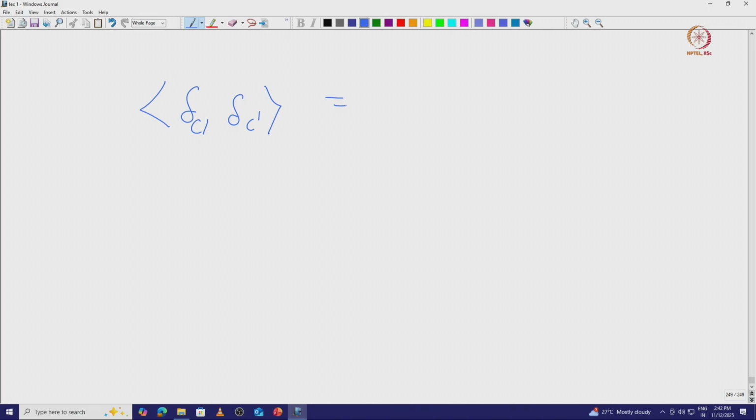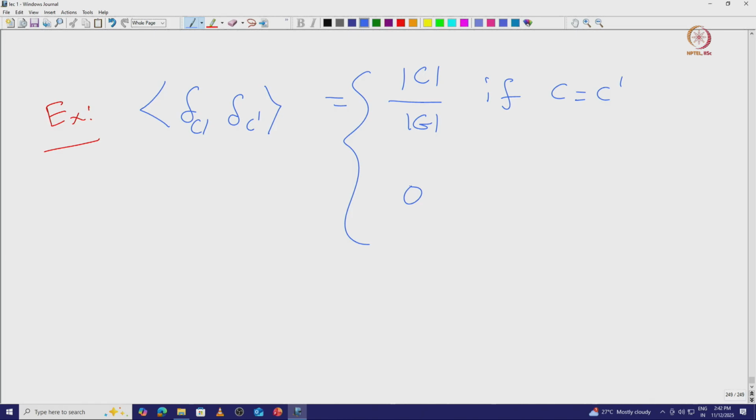You can easily check, I will leave it as an exercise, it is not very hard, that the inner product of delta C and delta C dash is exactly equal to mod C divided by mod G if C equals C dash, and 0 otherwise.